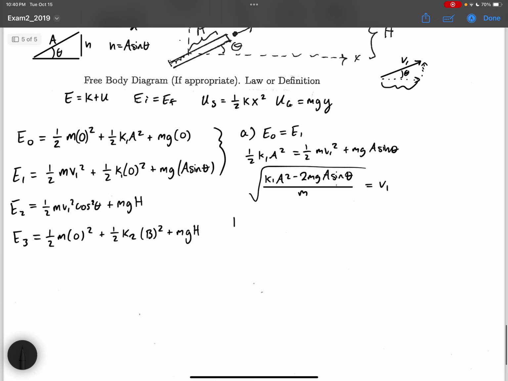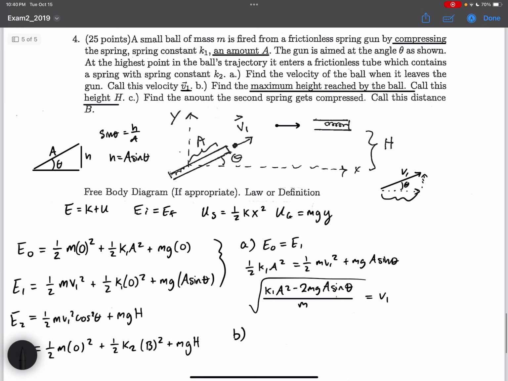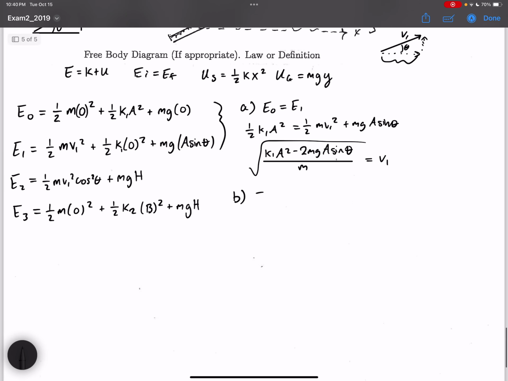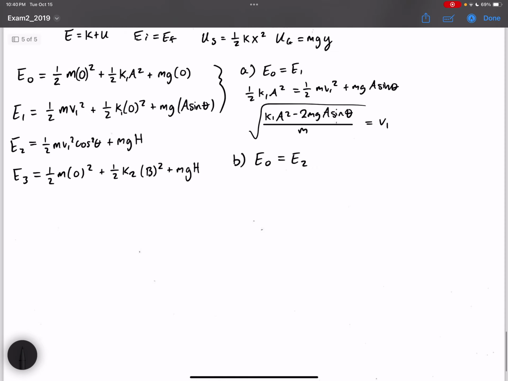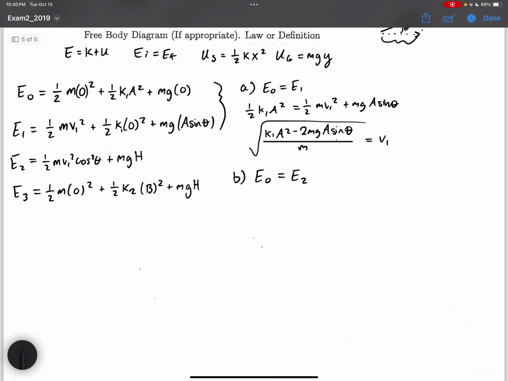Okay, now B is asking for the maximum height reached by this ball, and so we want to set E naught equal to E2. Again, we could also do E1 equal to E2, but there are more zeroed out terms in E naught than in E1, so we're going to use that again.